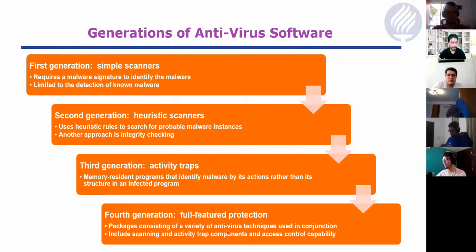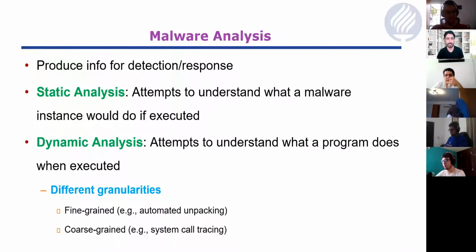So let's say now we are in this stage: we have fourth generation malware detection or antiviruses that, even if you consider all the AI algorithms that are used in order to detect, can still be considered full-featured protection that can look at the behavior in a more advanced way in order to categorize or detect malware.